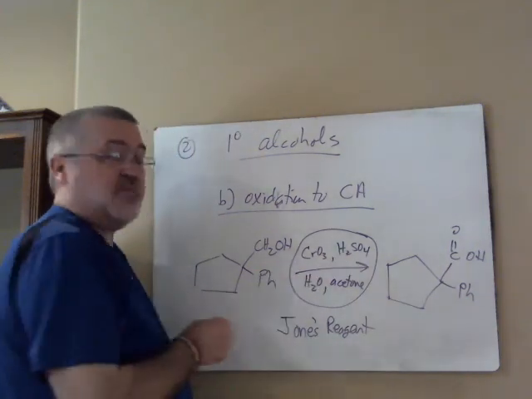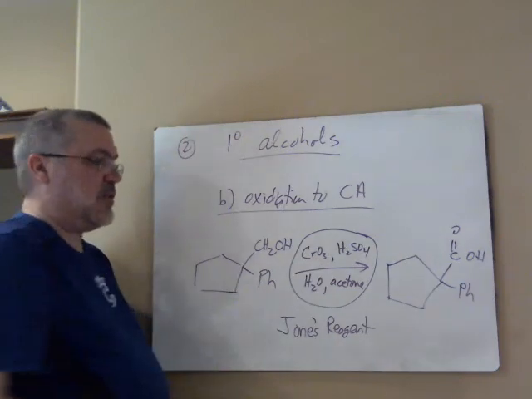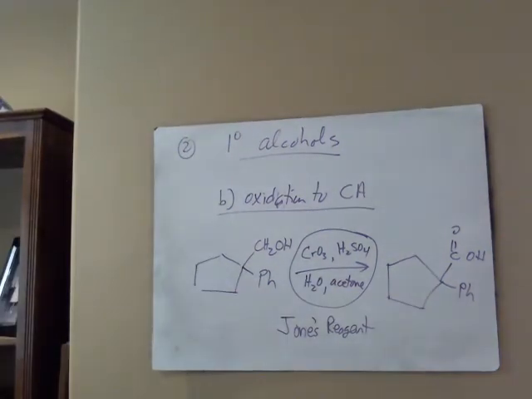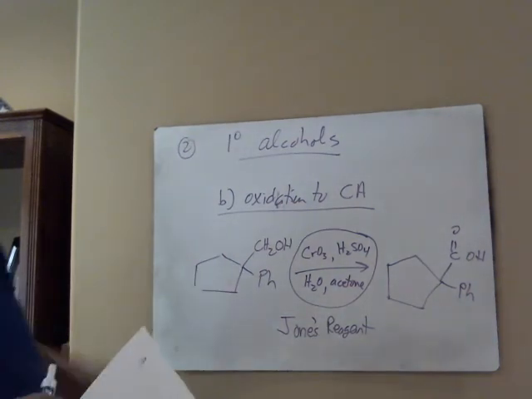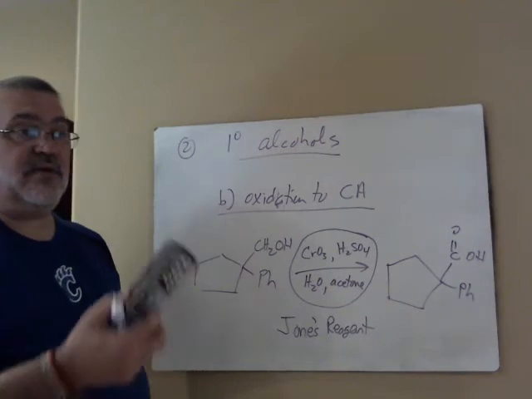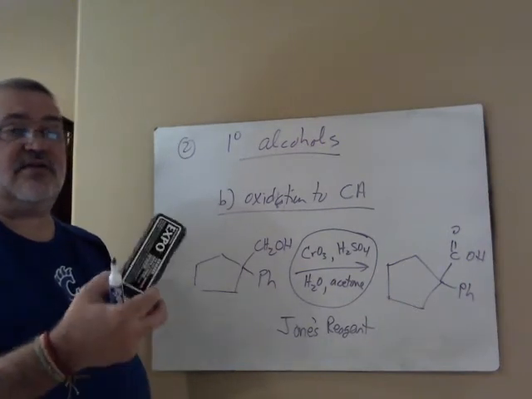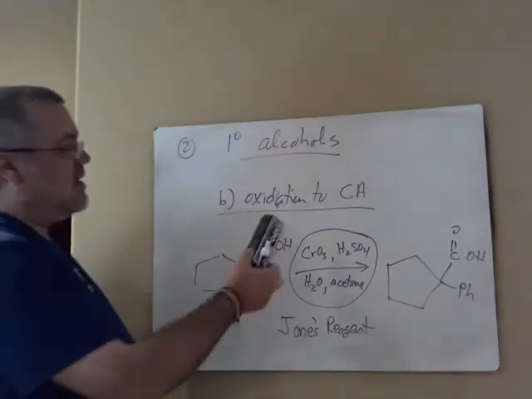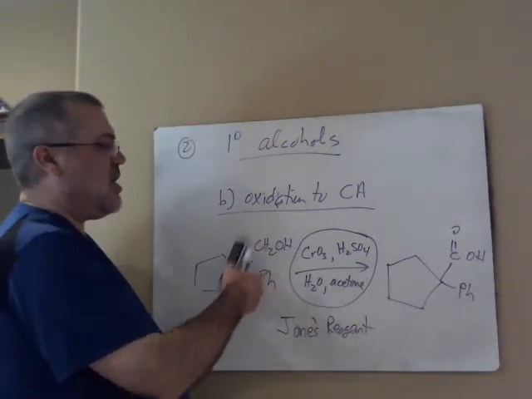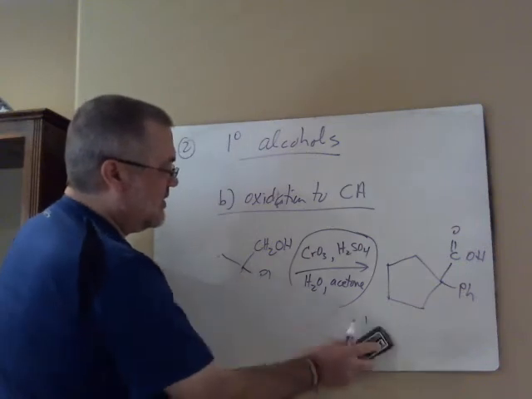And this is what it means. It means you're using chromium trioxide and sulfuric acid. Okay? And so with primary alcohols then, PCC, poisoned, oxidizes just to the aldehyde. But Jones's reagent, using chromium trioxide, goes all the way from the primary alcohol to the carboxylic acid.